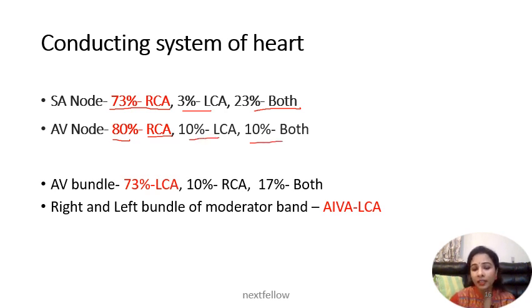And the AV bundle, that is the bundle of His, around 70% is supplied by the left coronary artery, and both the right and left bundle branches, including the moderator band, are supplied by the anterior interventricular artery, which is in turn a branch of the left coronary artery. So this is the blood supply of the conducting system of the heart.